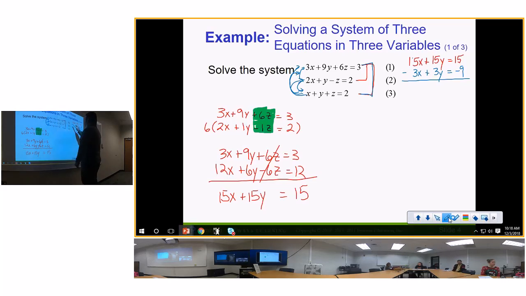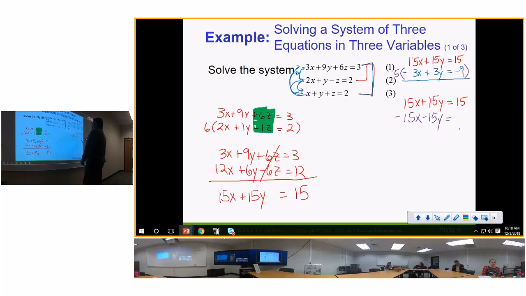So, I'm going to multiply the bottom by what? 5. Right. And when I do that, I get 15x plus 15y is equal to 15. And I'm going to turn my new one purple. And that's going to be negative 15x minus 15y is equal to what?